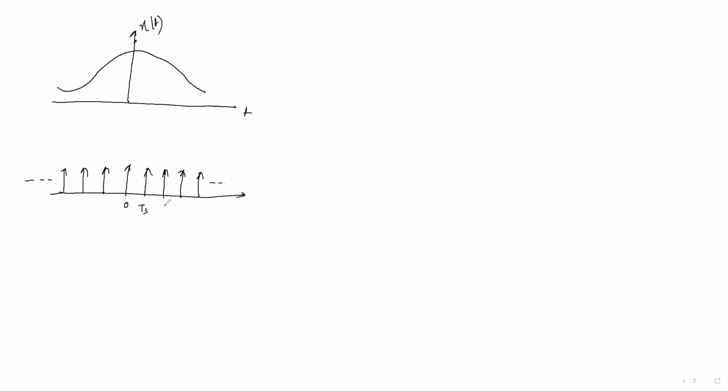The time period of the samples is Ts. These are the train of impulse signal, which you can write as delta Ts(t). Ts is the time period of the samples.